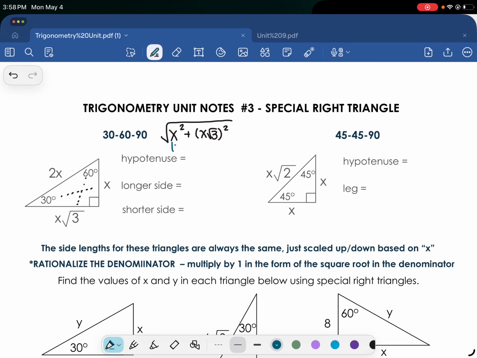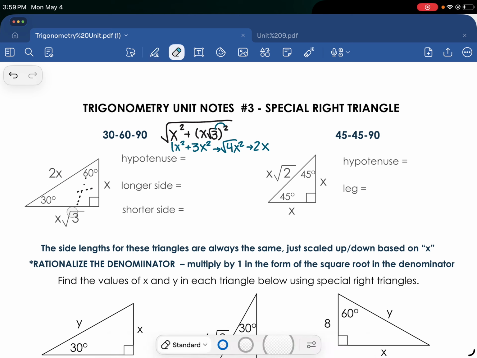So this is just 1x squared plus, if I square that square root, 3x squared. 1x squared plus 3x squared is 4x squared. And what's the square root of 4? 2. Square root of x squared, x. So the hypotenuse is 2x. This just happens to be the exact ratio that occurs if your angles are 30, 60, and 90.